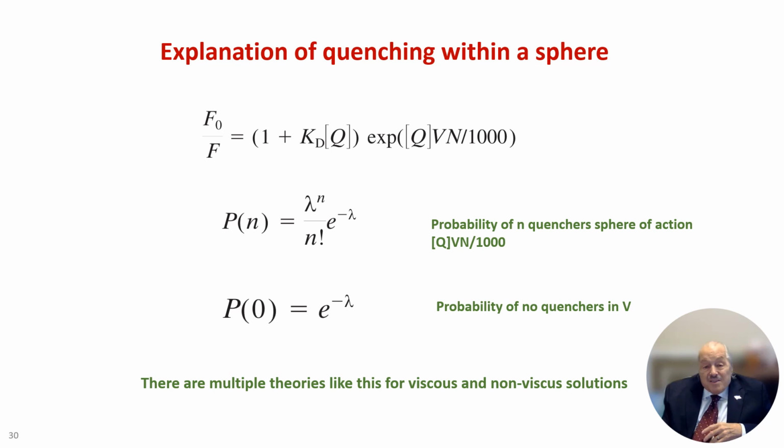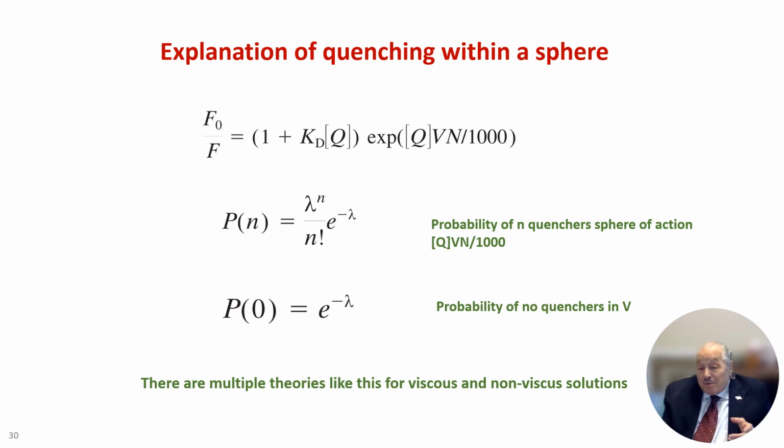So you can use Poisson statistics, and we naturally can't go through all of that, but we can say at a given concentration, there's a probability of so many N quencher molecules within the sphere of action.